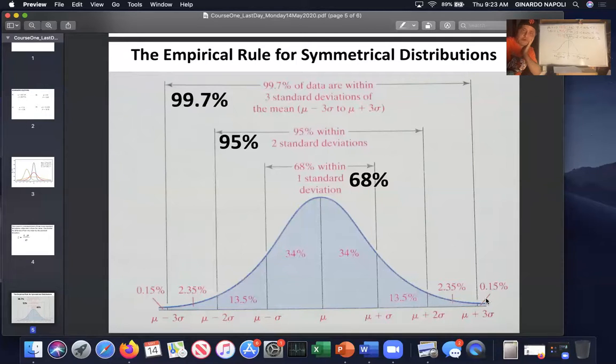Again, it's all here, but if you wonder where that comes from, you won't have to worry about that much sophistication, but just if you're curious, what are those percentages on the bottom? And then notice 99.7%, well, that leaves 0.3%. And when you divide 0.3 by 2, you get 0.15. So very rarely do you have something outside of 3 standard deviations when you have a symmetrical, central normal distribution.